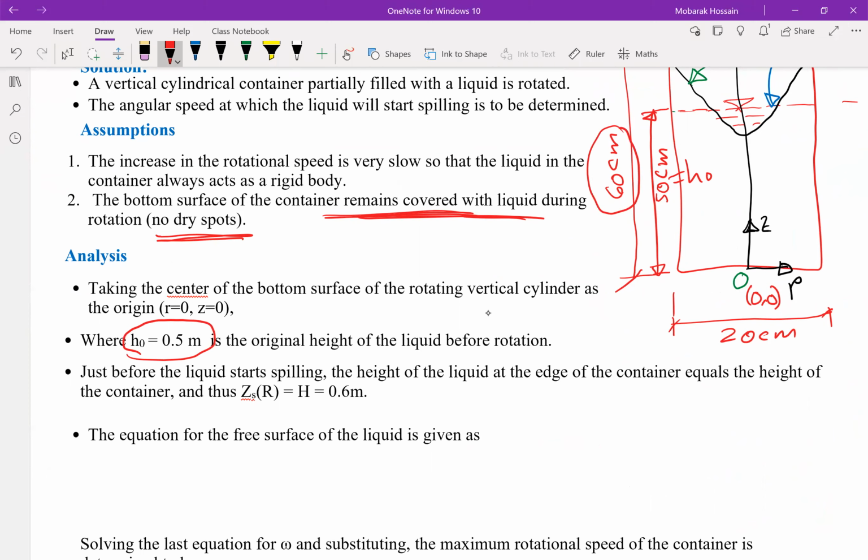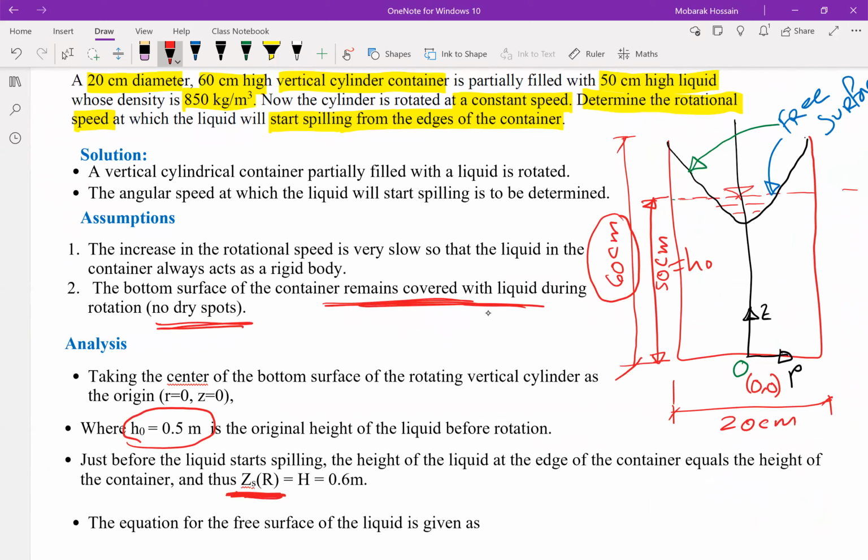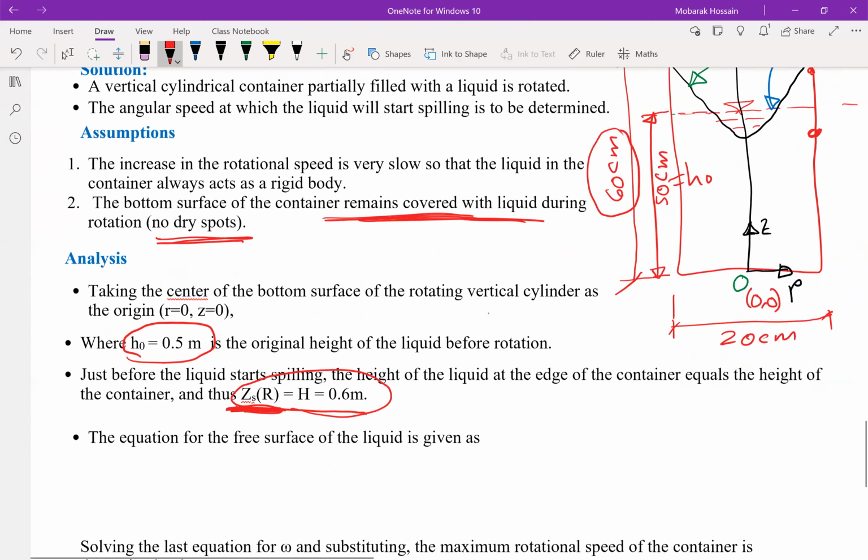That means the height of the free surface is at the edge, not here, so at the edge, when your free surface height becomes the container height, it will start spilling. So we'll use zs as the height of the container.